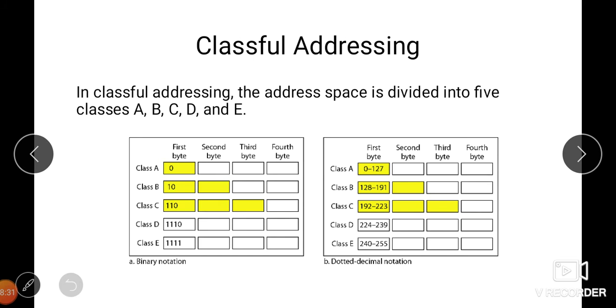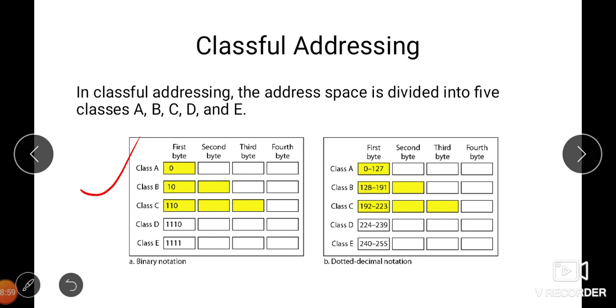In classful addressing, the address space is divided into 5 classes: A, B, C, D and E. Each class has 32-bit addresses. In these classes some bits are fixed.